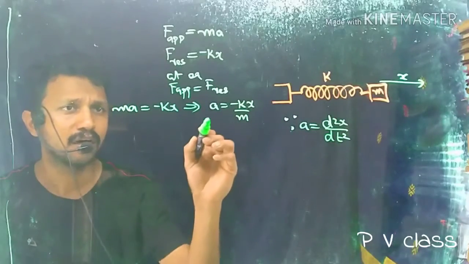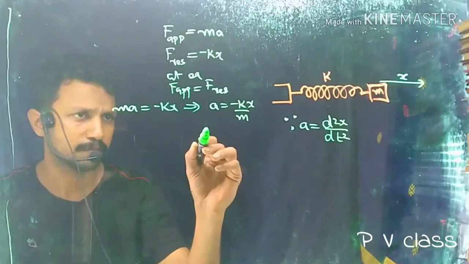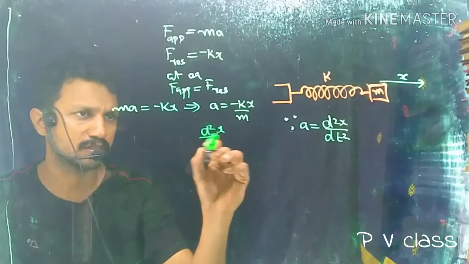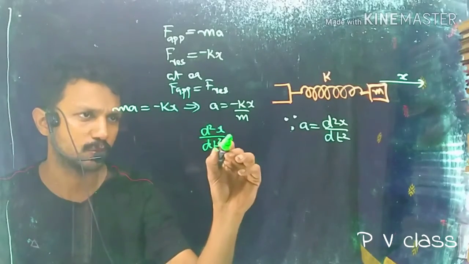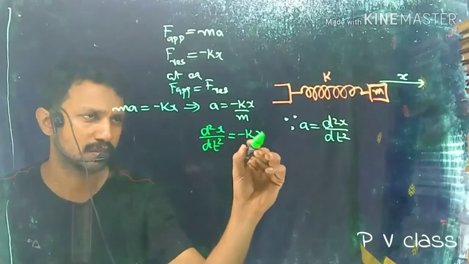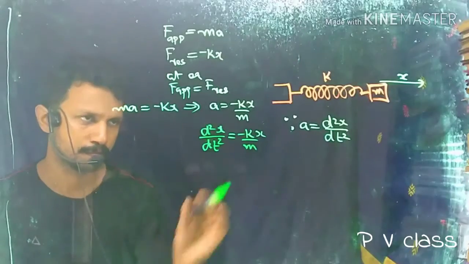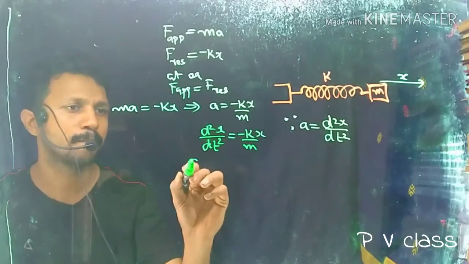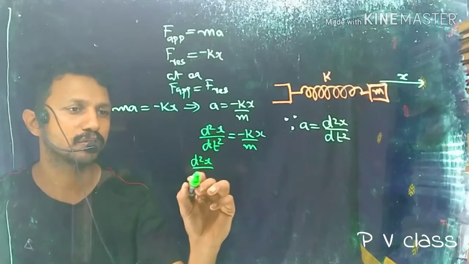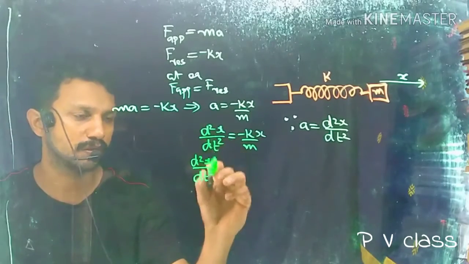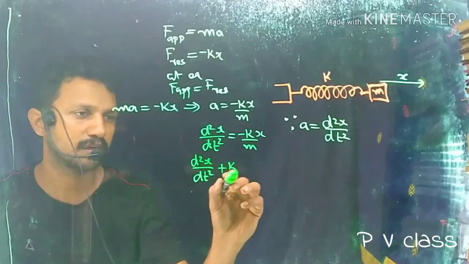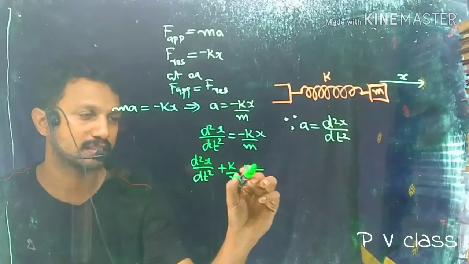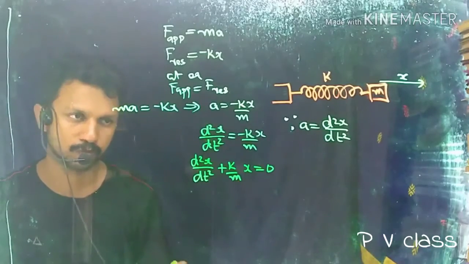Then I could write this equation as d square x by dt square is equal to minus kx by m. This term is taken to the other side. Therefore, d square x by dt square plus k by m into x is equal to 0.